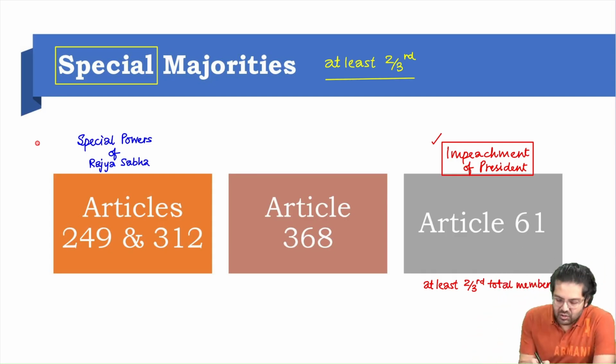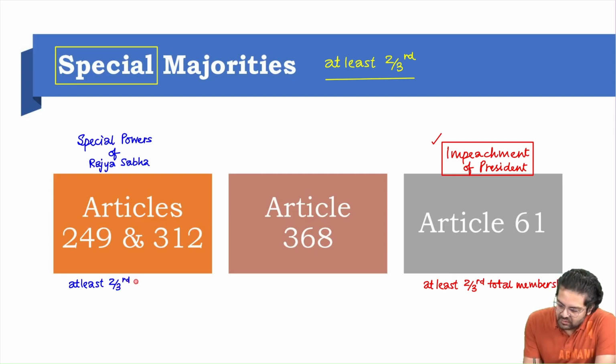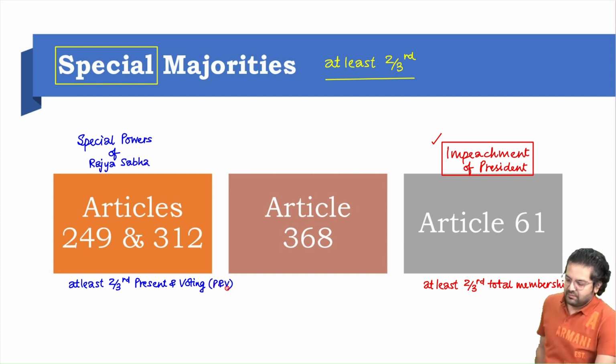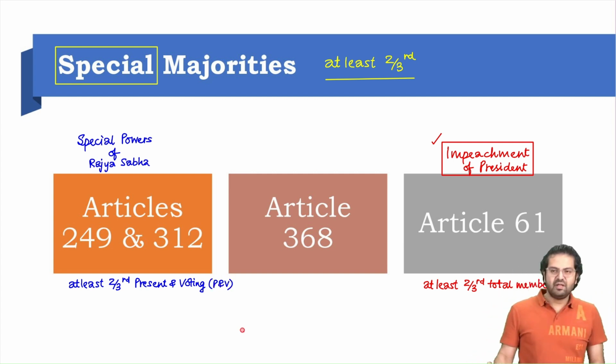And here the majority required is at least two-third present and voting. P and V. Clear on this? Slight difference. So what is the special power of Rajya Sabha?